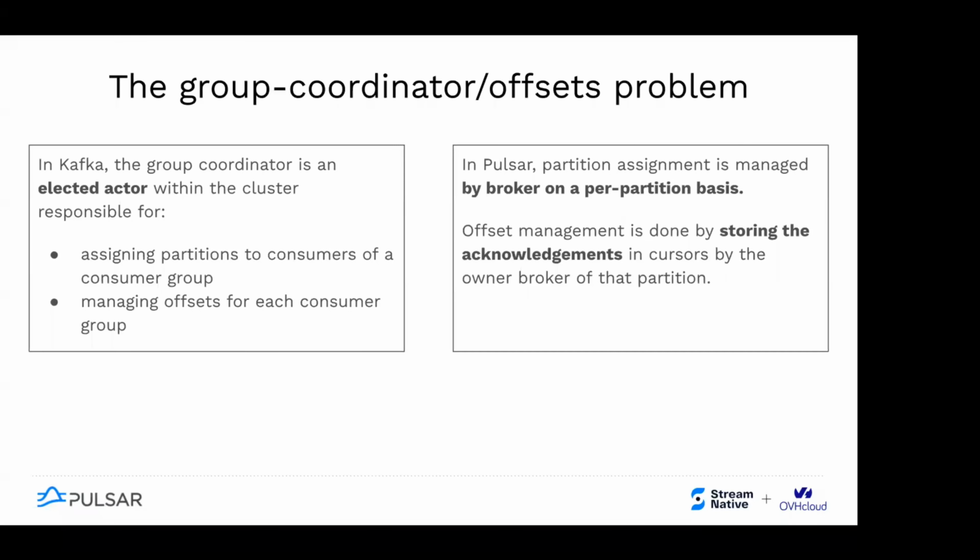And we have this offset issue because the partition assignment is managed by the broker on a per partition basis, and offset management is done by storing the acknowledgement in cursors in Apache Pulsar. So the main problem here is that we don't have access to enough information on the proxy side. We need to have internal fields from within the broker.